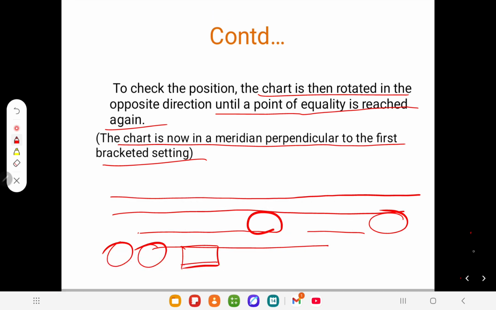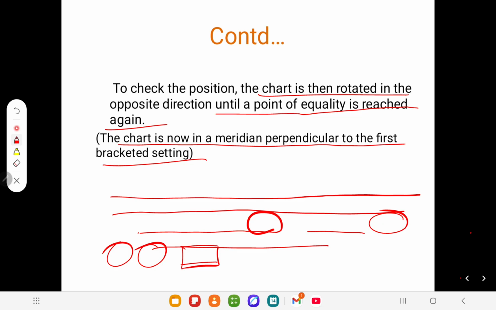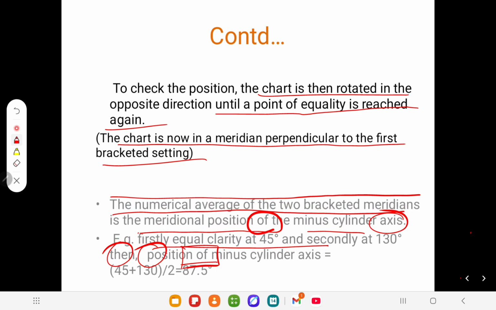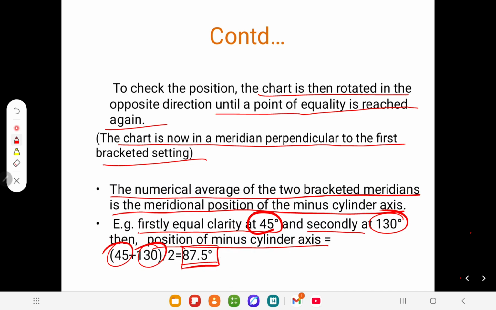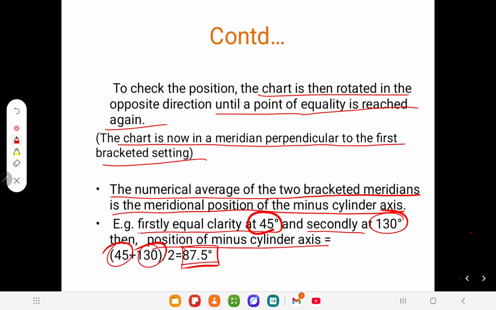How we are going to do this is, at 45 degrees away from the principal meridian, the lines appear of equal prominence. So we check first for the equal prominence, then again check by rotating in the other direction, and basically we have two values for the meridian.